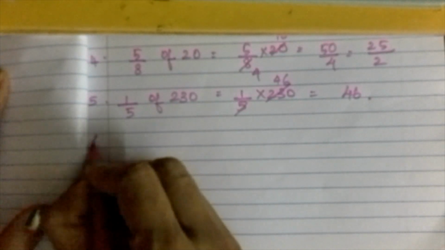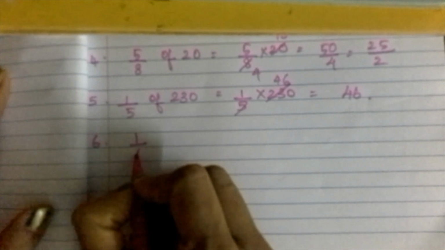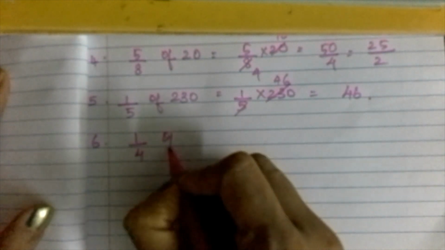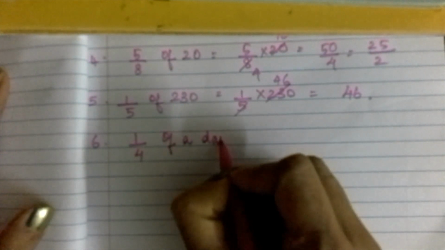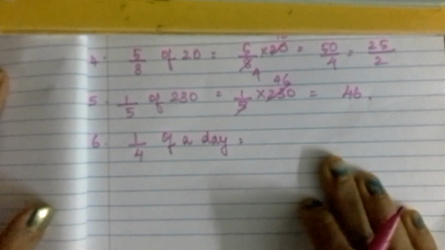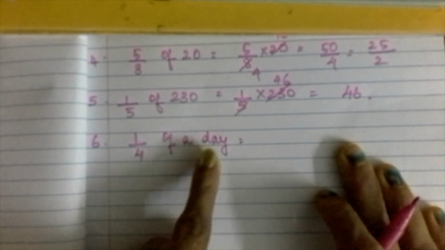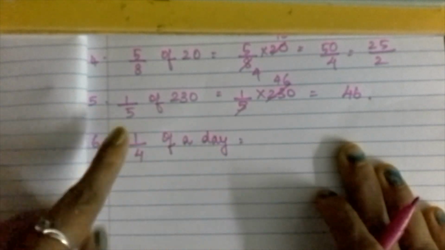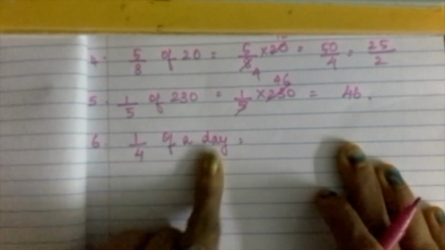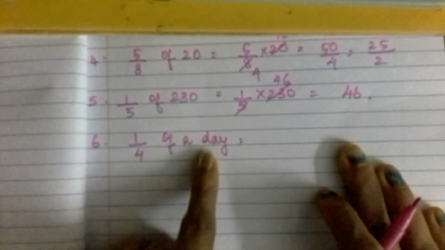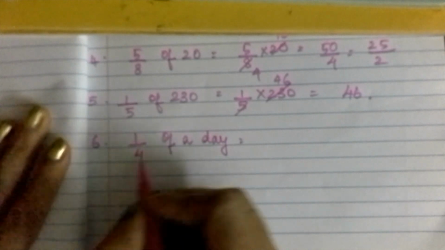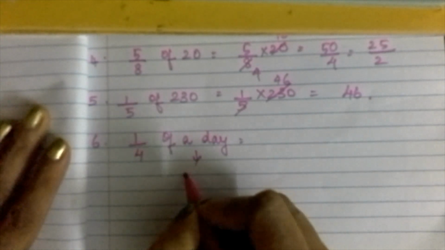So the next one I'm going to do is 1/4 of a day. So here a numerical value is not given. It is given as 1/4 of a day. So for this, we'll have to convert the day into a numerical value. A day can be written as 24 hours.